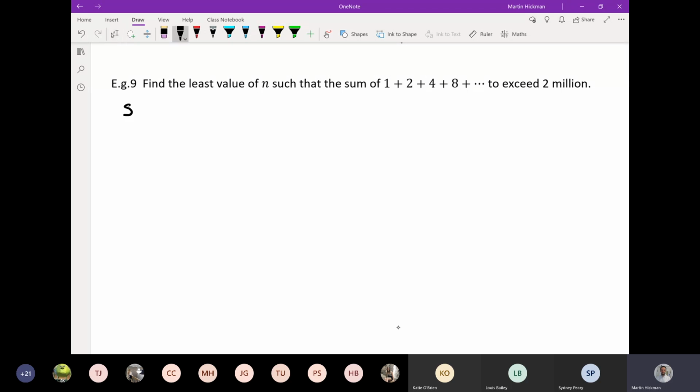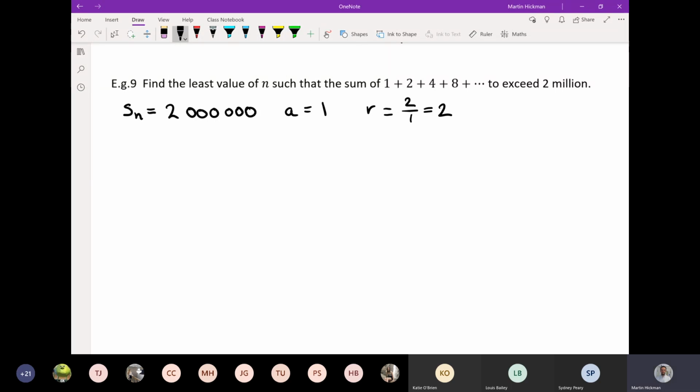Now what we have here is we're looking for a sum to give us 2 million. As I mentioned before, you could set this question up as an inequality here, but I'm just going to set it up as an equation so we don't make a mistake with the sign if we're multiplying by negative numbers.